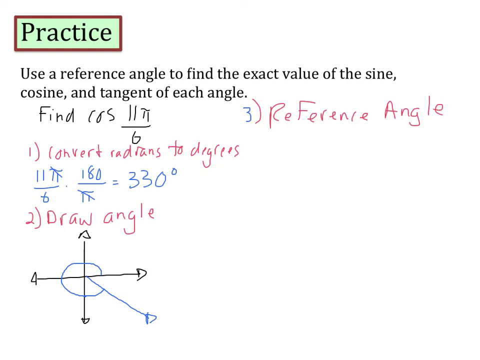So we go back to our angle here. We know that this is 330. So the quickest way to get back to the x-axis is to travel 30 more degrees. So our reference angle is 30 degrees. So we have our triangle now we can draw.